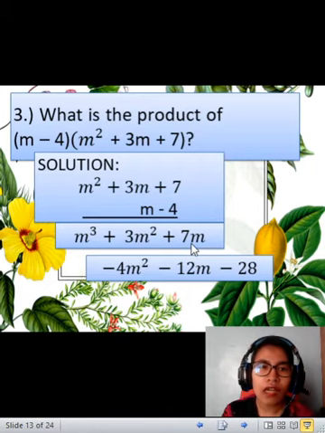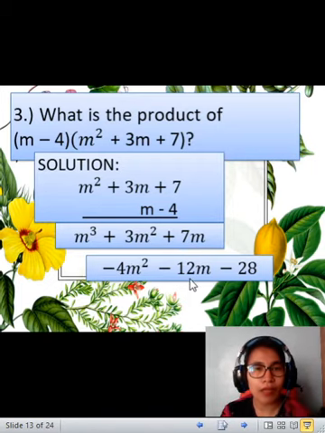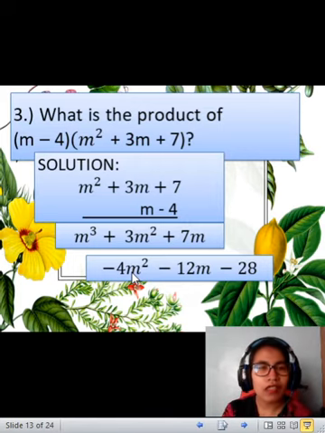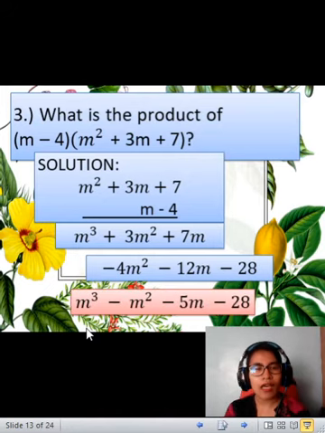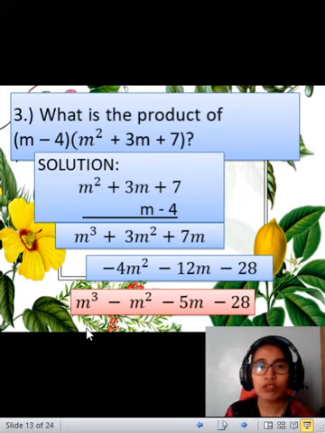Then I have 7m and negative 12m, so you will have negative 5m, as the rules apply. Then we have 3m squared plus negative 4m squared, which will give me negative m squared. Then just bring down our m cubed, the same as we do with the negative 28. So our final answer will look like this: m cubed minus m squared minus 5m minus 28.